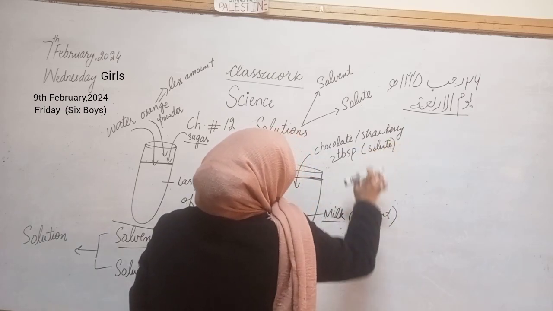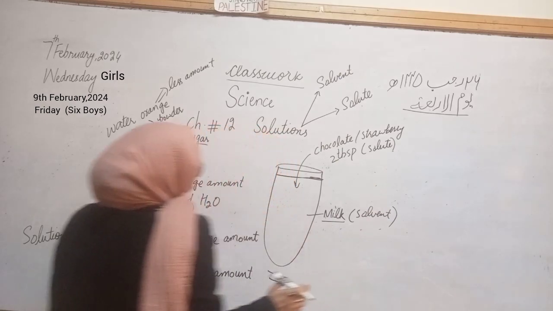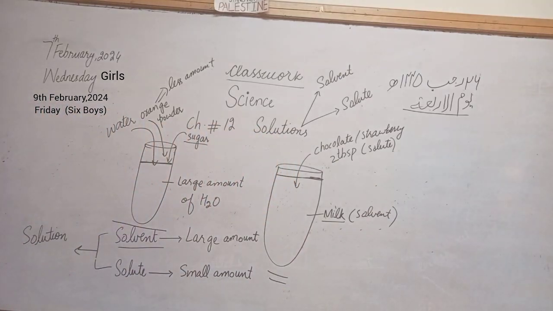And when these two things will be mixed, we will say we have made solution. However, solution is a mixture of the solute and solvent. Solvent and solute are mixed together to make solutions. Have you got my point?